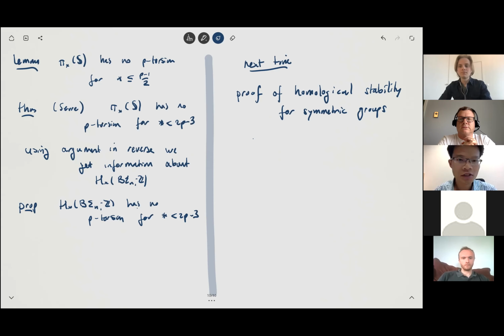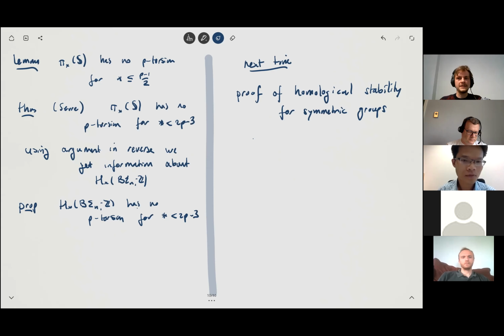Yes, I have one question. Does the sequence of symmetric groups exhibit homological stability for any coefficients other than just Z? Yes. Well, it depends what type of coefficients you mean.